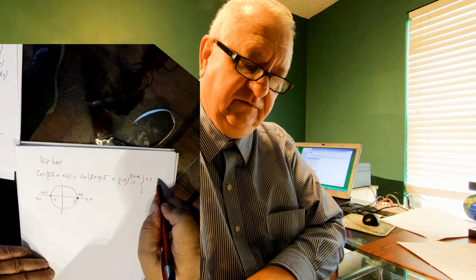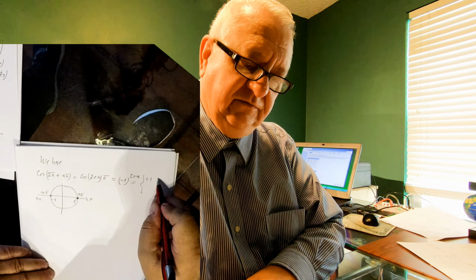I have minus cosine of, let me bring it here, cosine of 2 pi plus n pi is minus 1 to the power 2 plus n divided by 2 plus n, plus minus 1 to the power minus 2 minus n, the coefficient here of pi is minus 2 minus n.